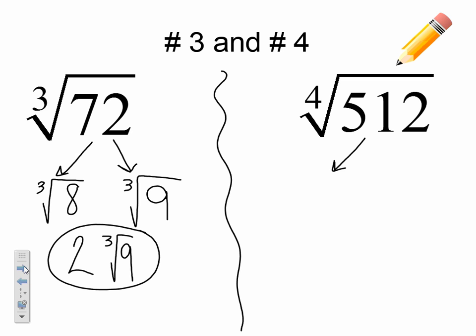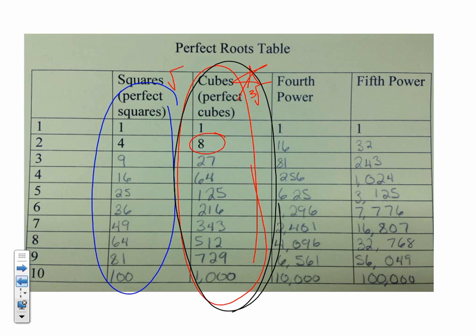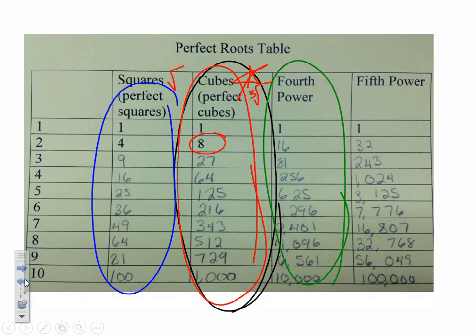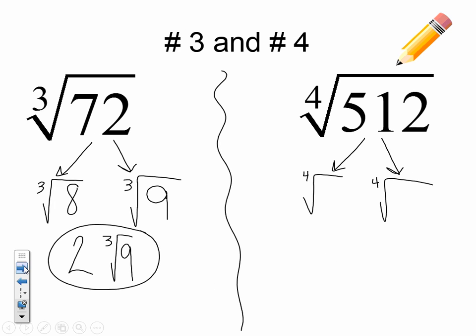So now, again, we're breaking them apart, but we're going to use a different list of numbers. Numbers that are perfect fourth roots. So if I go back to my chart, now we're looking over here in this column. Which of those numbers can divide out of 512?